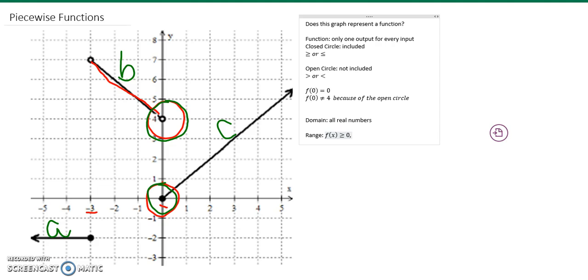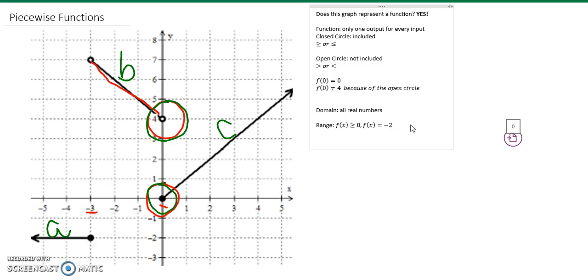However, the function is not defined for the range of -1 or -1.5 or -0.5. To show this, we can say that it is defined for f of x greater than or equal to 0, as well as f of x equal to -2.